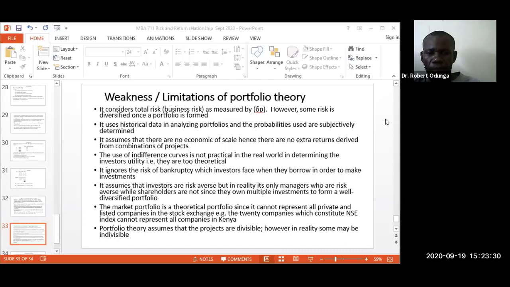Because of the information availability, we tend to use the stock exchange index to represent the performance of companies in that economy.